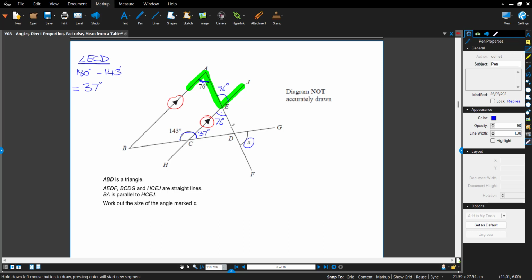So let's fill in this angle here. Angle CDE. Well, in the triangle CDE, we have that plus that plus that is 180. So if we do 180 minus 76 minus 37, what's that going to be? 180 minus 76 is 104. Minus 37 is going to be 67 degrees.